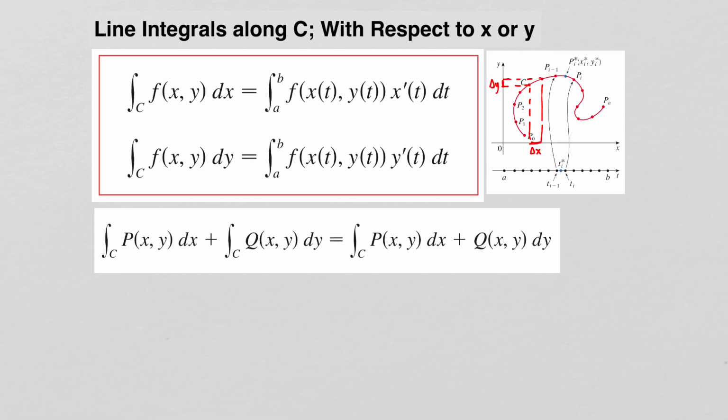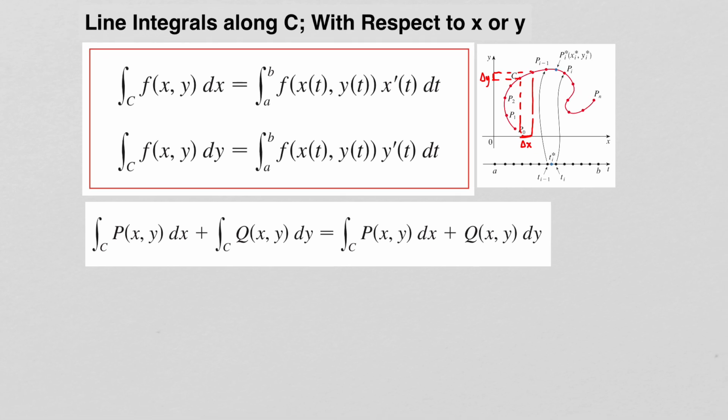So it all works pretty much the same way. If we want to take the integral of a function along a curve with respect to x, we have to have a parameterization for x and y, which we call x of t and y of t. But then we're not multiplying by ds, we're just multiplying by dx. And dx is x prime of t times dt. So it's a little bit simpler of a formula. And similarly for y, if we want to integrate with respect to y, we just have y prime of t times dt.